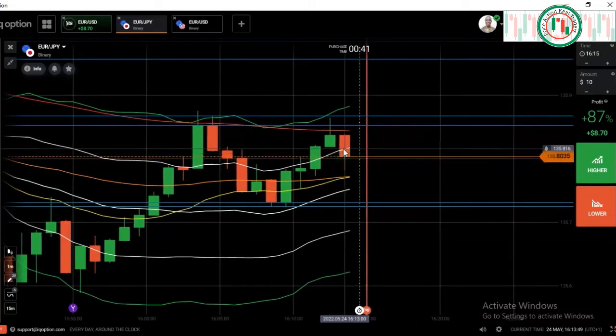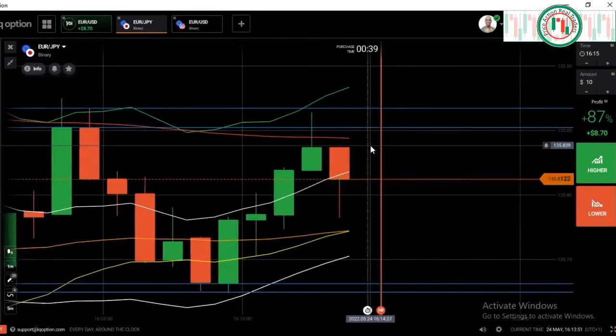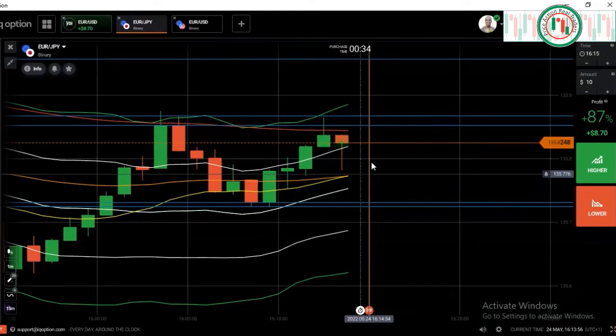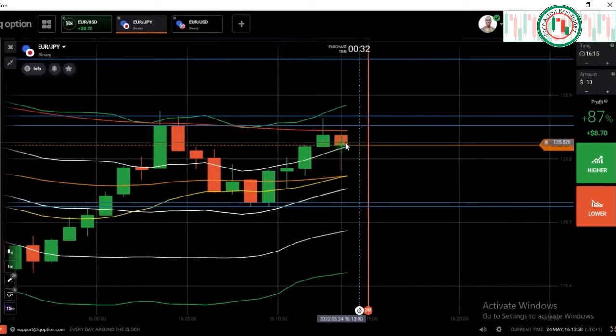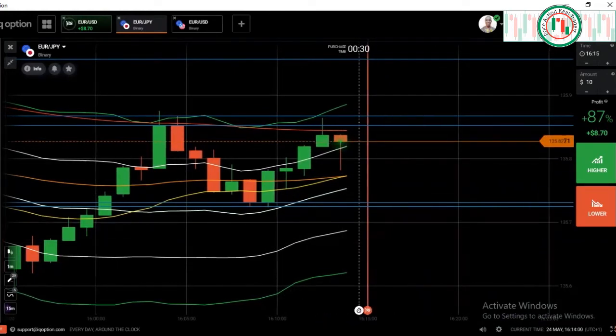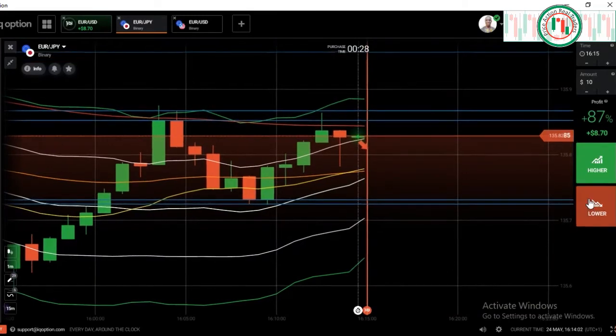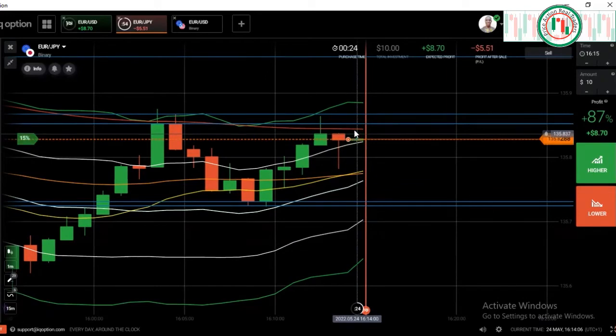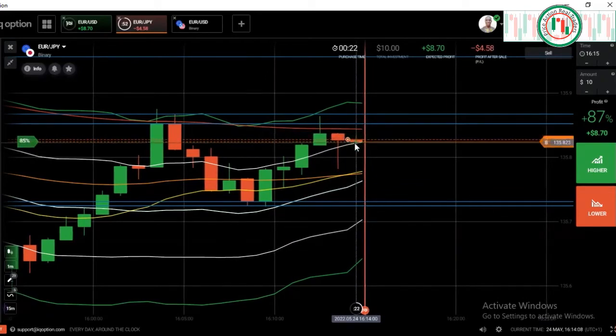Or if it is hammer, you see, this is weak candle here. I place put option because I know here market must reverse from this level.